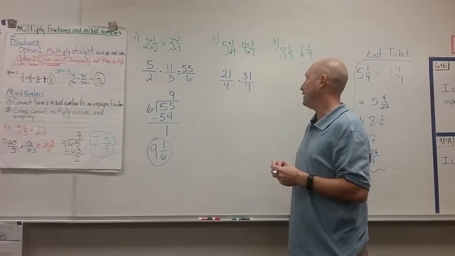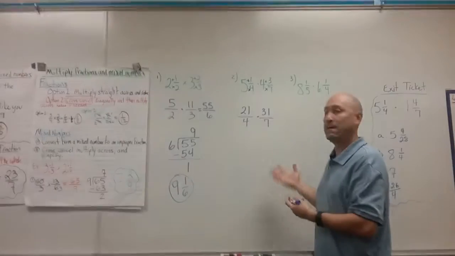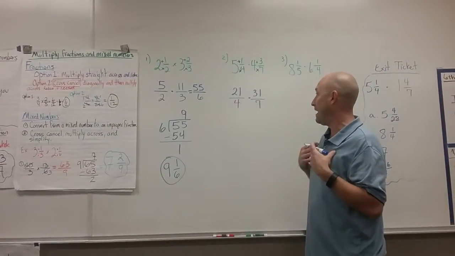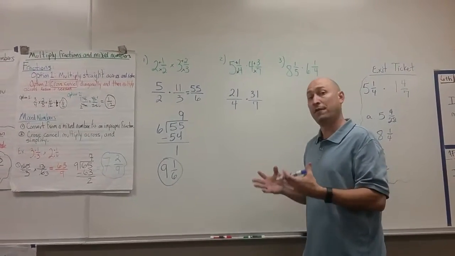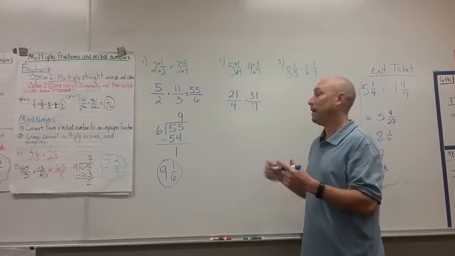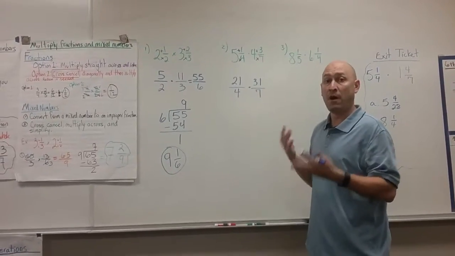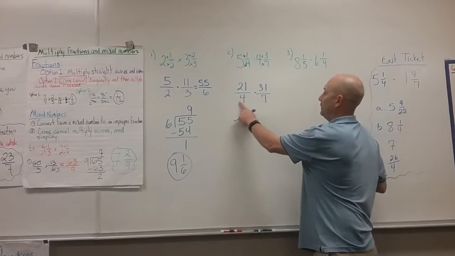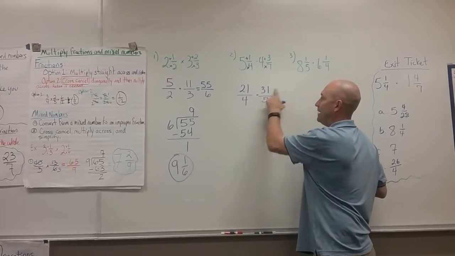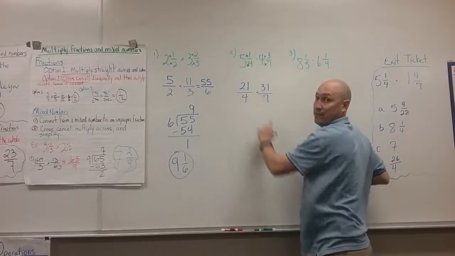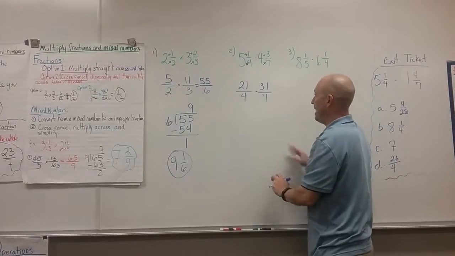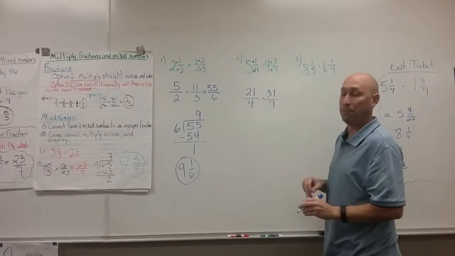Now, here's a situation where I've got some large numbers, 21 and 31. Multiplying 21 and 31 is going to take some time. I've got to come out to the side and do it. So in my case, I'm definitely going to see, are there common factors where I can make these numbers smaller to work with? In this case, 4 and 31 don't have anything in common, but 7 and 21 do. I can divide 7 and 21 both by 7.